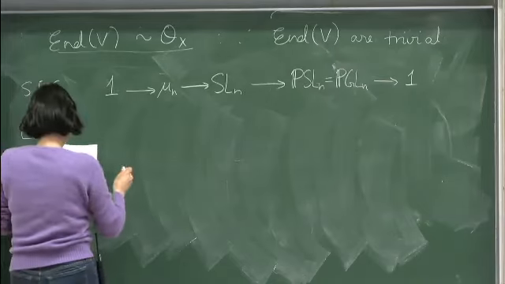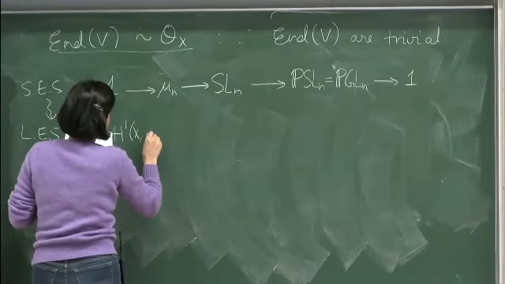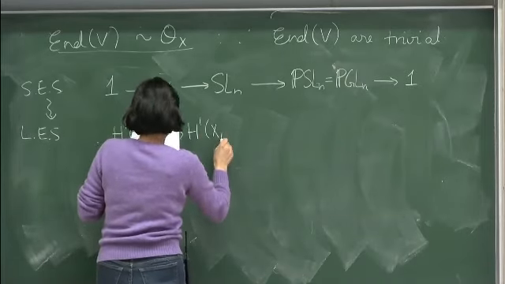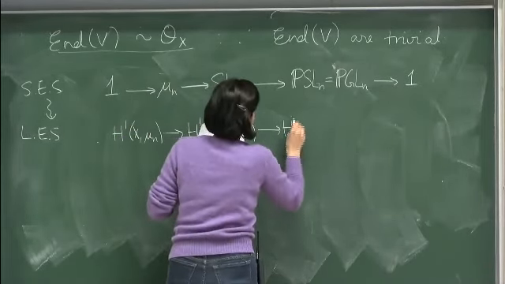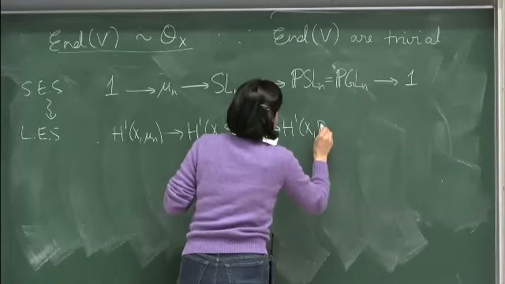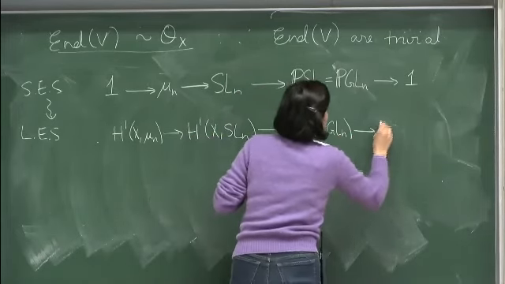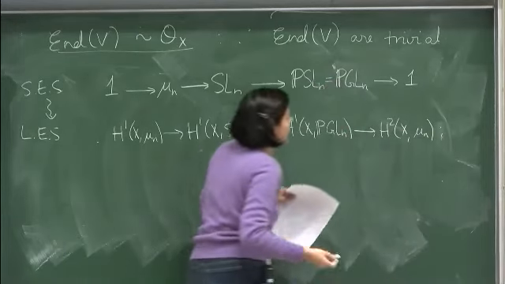I'll just denote some terms: H^1(X, mu_n), H^1(X, SL_n), to H^1(X, PGL_n), to H^2(X, mu_n). And here we stop.